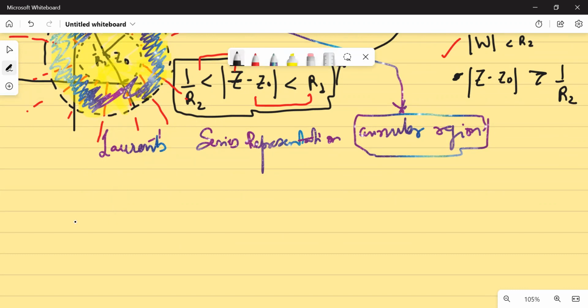Let's see if I'm supposed to give a definition. So here it is. I'll give you a definition so that in the next lecture we'll do the thing.